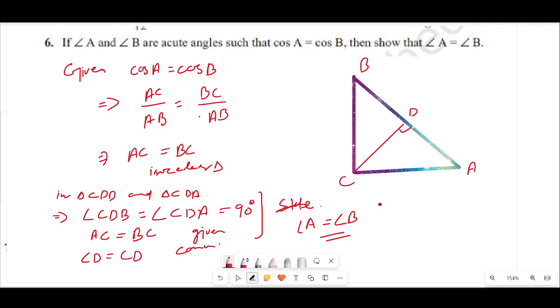Clear? But if you don't use this, we can say that because of that theorem, if two sides are same, that will be an isosceles triangle, then corresponding angles will be equal. That is the theorem.